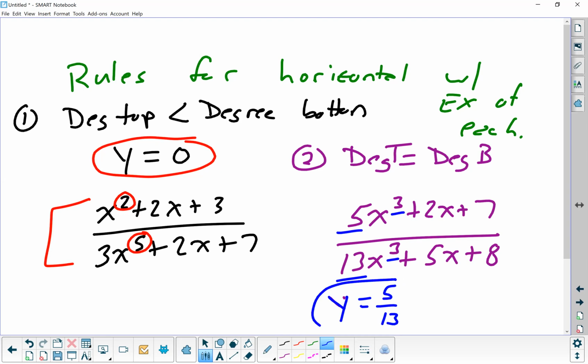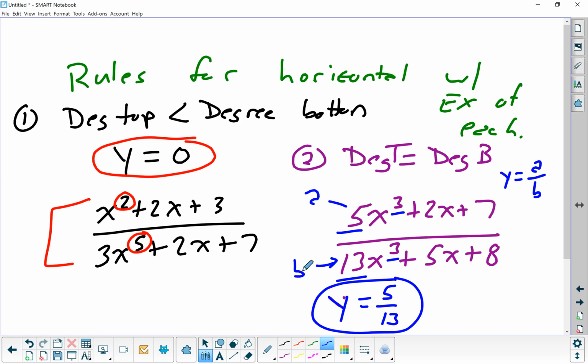So a line just above the x-axis. So the degree on top and degree on bottom being equal gives the line y equals a over b, where this is a and this is b. The rest of the problem doesn't make any difference as far as the horizontal asymptote.